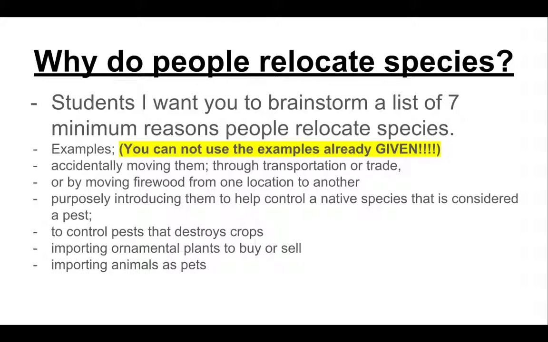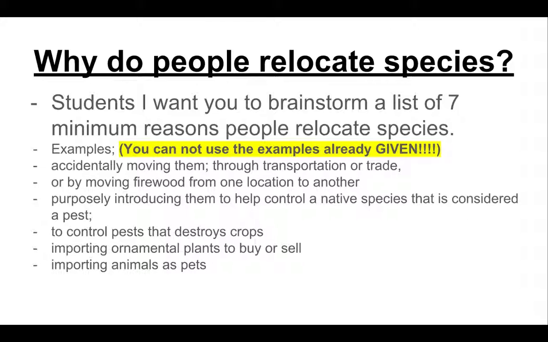So for your examples, you can accidentally move them, for example, through transportation or trade, or by moving firewood from one location to another, or purposely introducing them to help control a native species that is considered a pest.